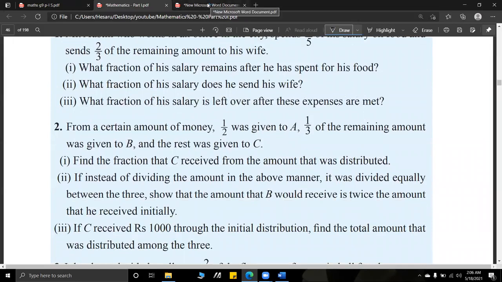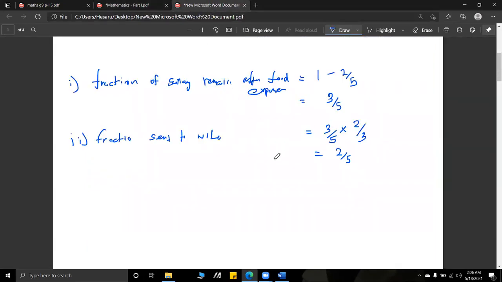After doing all these expenses, what's the fraction that remains? Okay, so for this third one, total expenses as a fraction.